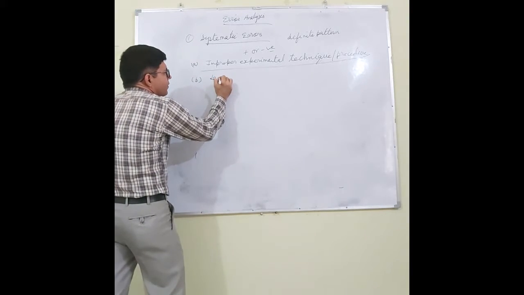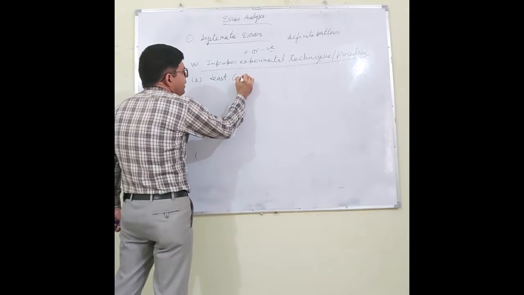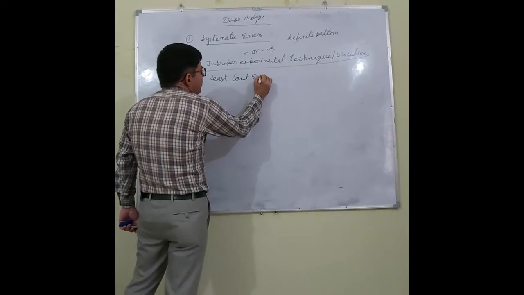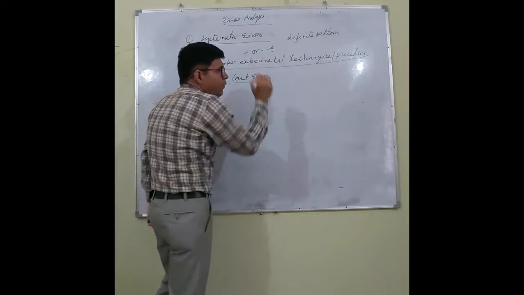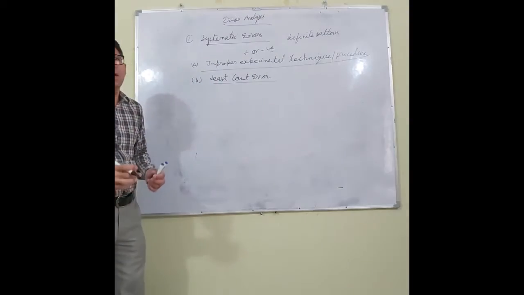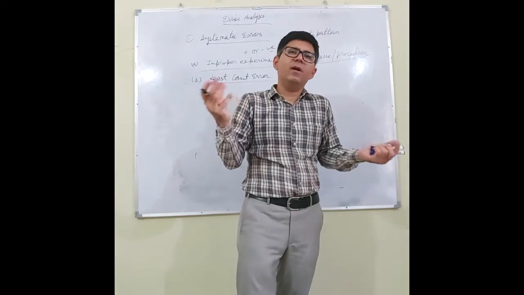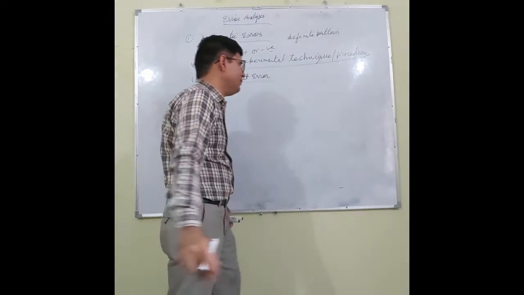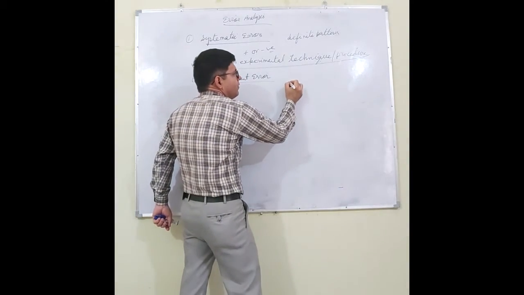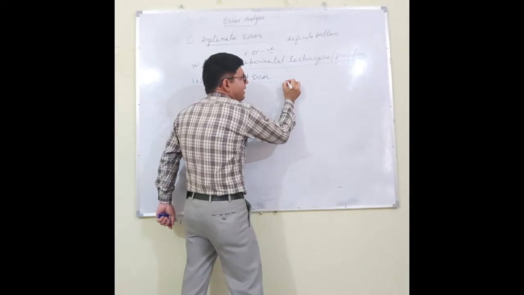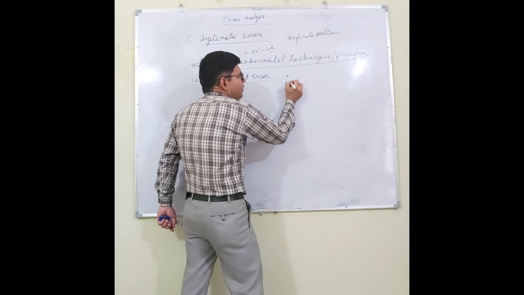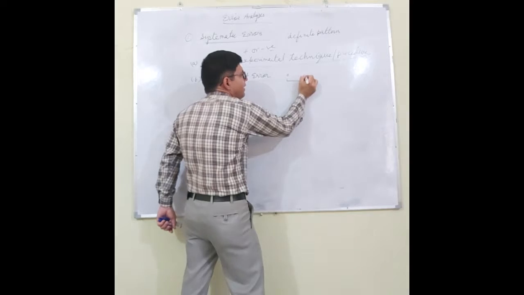And the second category of error is least count error. What is least count error? I think all of you know about the least count. Least count is the minimum observation which an instrument can record. For example, you are using a scale. On the scale, you find this is 0 centimeter and this is 1 centimeter.